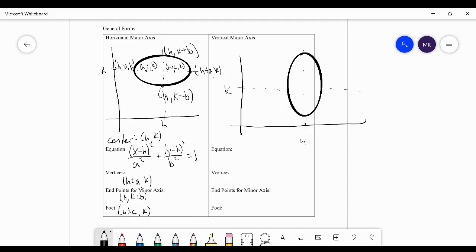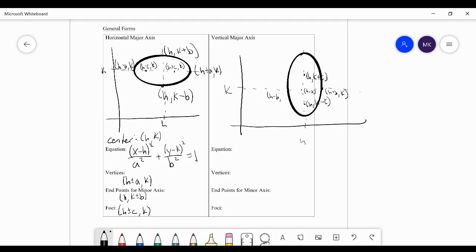So, again, this point here is h comma k. Now this point here is h comma k plus c, that focus. This is h comma k minus c. H plus b comma k.